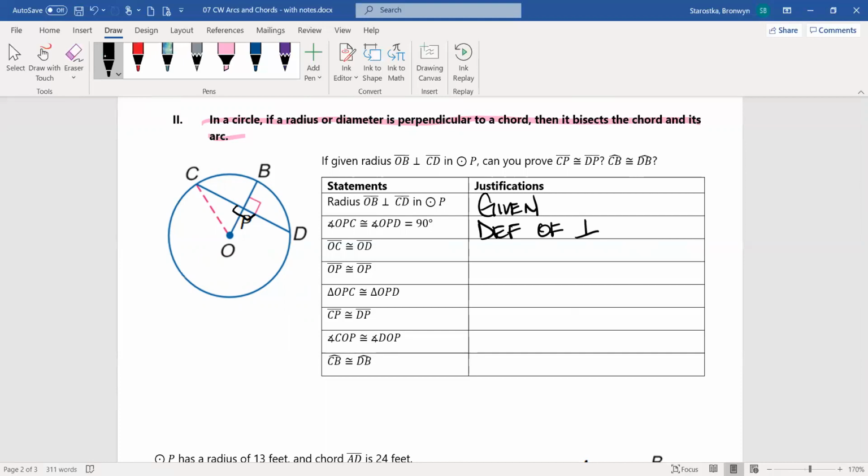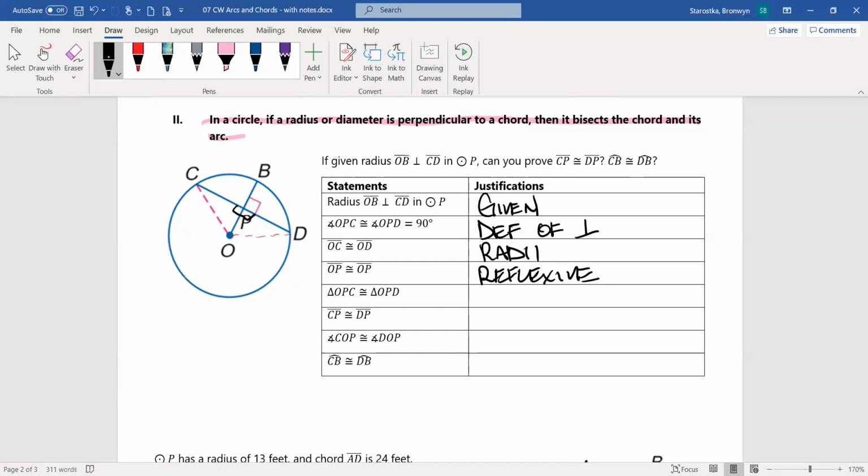OC is congruent to OD, because those are radii. And all radii in a circle are congruent. OP is congruent to OP because that's the reflexive property. So the triangles OPC and OPD are congruent.